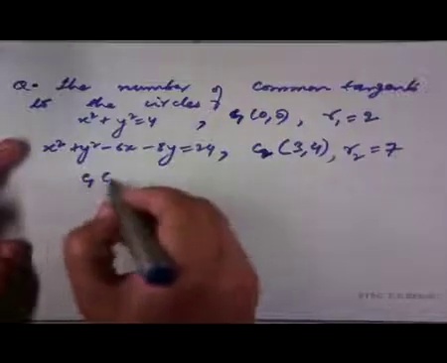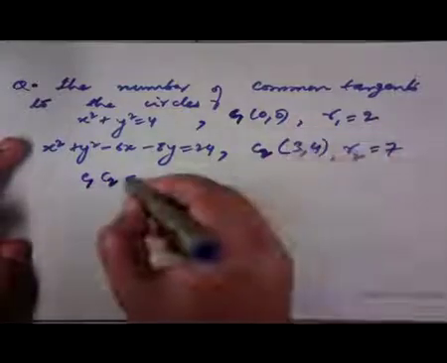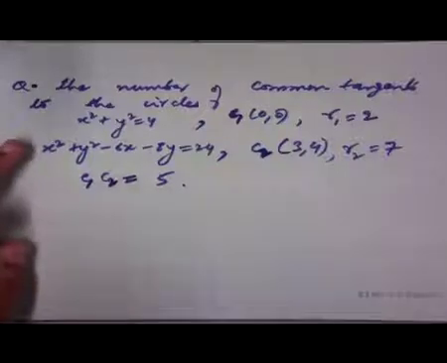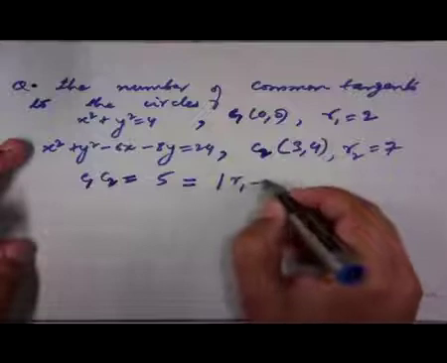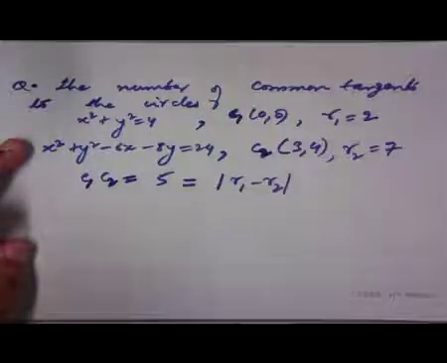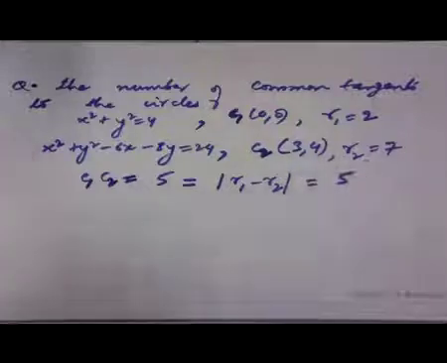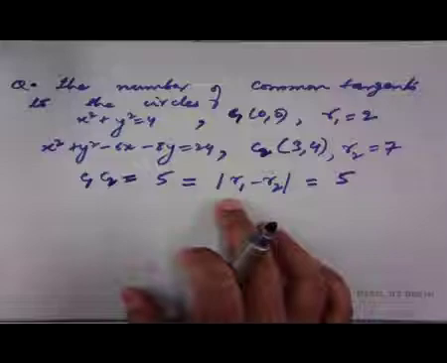The distance between the two centers is 5 units, and we see that this is equal to modulus of R1 minus R2, which is 5. So, this is precisely case 4 that we were discussing just a few minutes back.